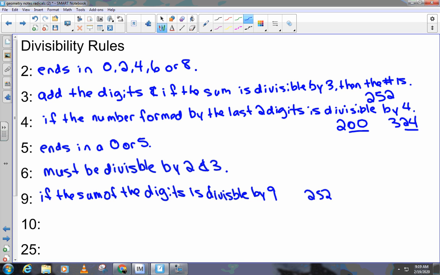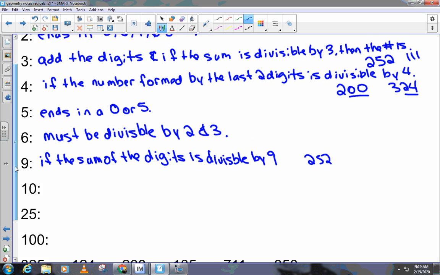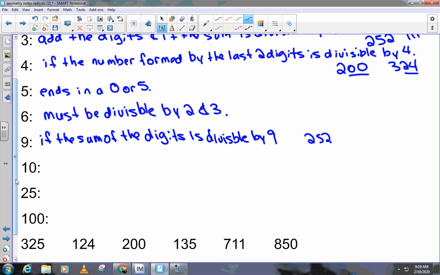But we could use something like 111. 111 is divisible by 3, but is it divisible by 9? No. So to be divisible by 3, you add the digits up, and the sum has to be divisible by 3. For 9, the sum has to be divisible by 9. What about 10? Everybody should know this one. Ends in a 0.